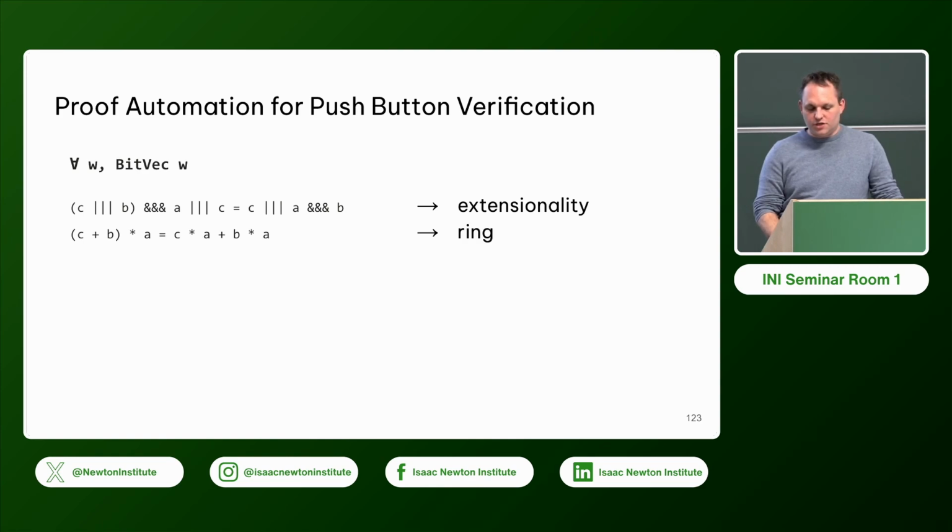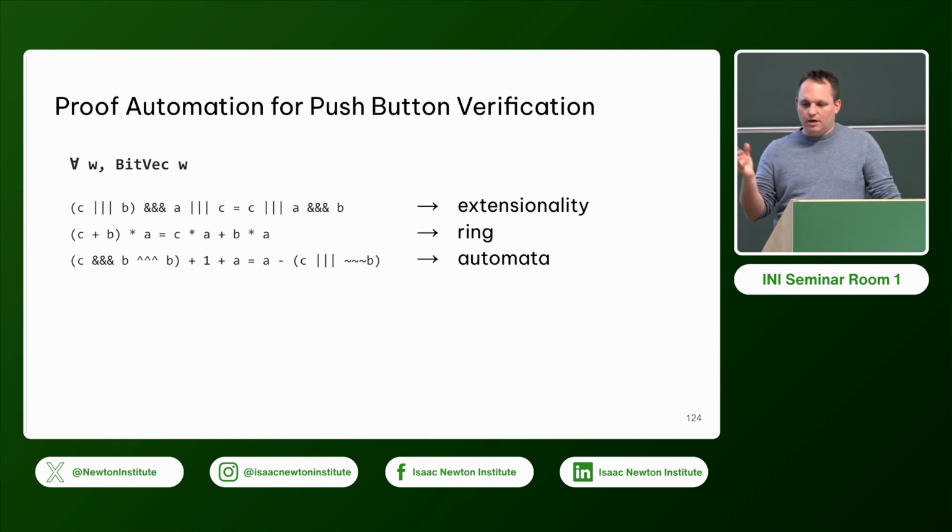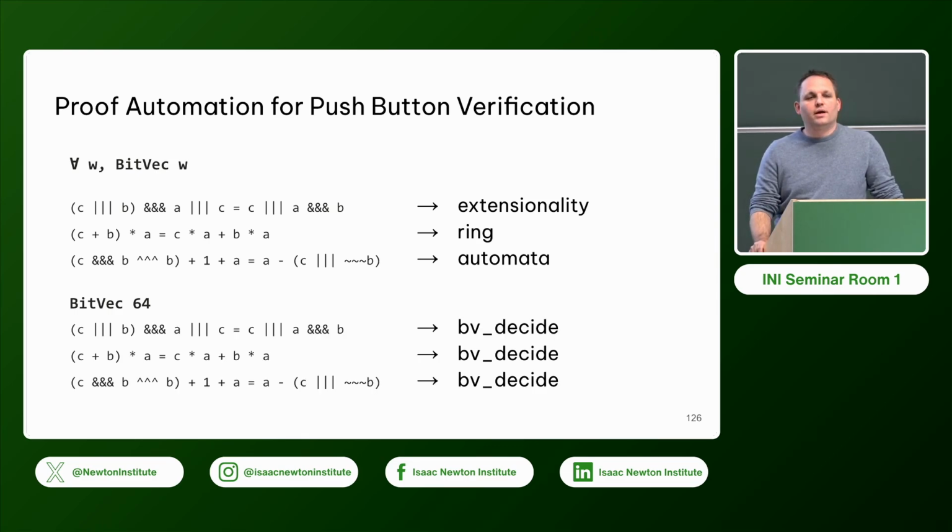Proofs via extensionality, via the ring tactic. We have an automata tactic for some kind of Presburger logic. And if we happen to have a fixed bit width, then all of them can be proved by something called BV-decide, which is a bit-blasting SMT solver for the bit vector theory.